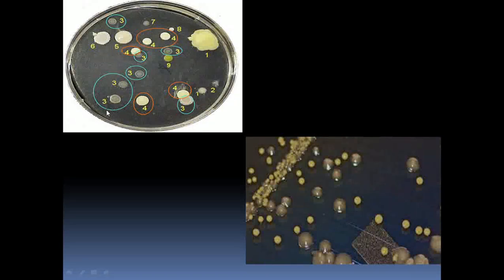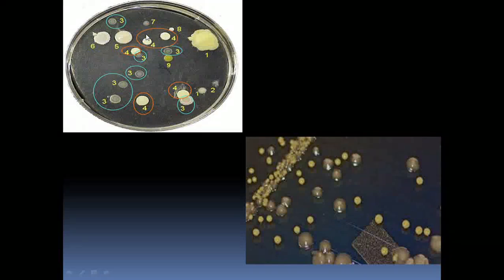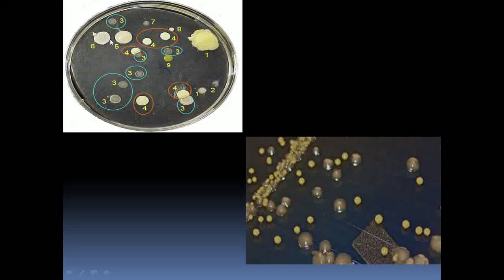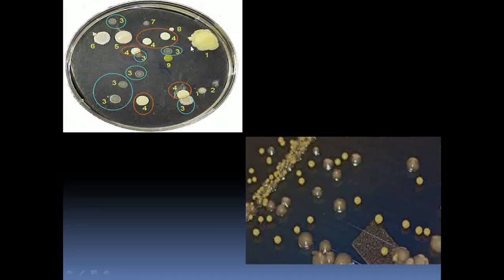Then how can I differentiate? This is a visual characteristic differentiation. Here I can see concentric circles in colony number 3, right? But no such pattern is observed in the fourth colony. So here is an entire margin, here a concentric margin, the sixth one has a serrated margin, here some fusiform shape.